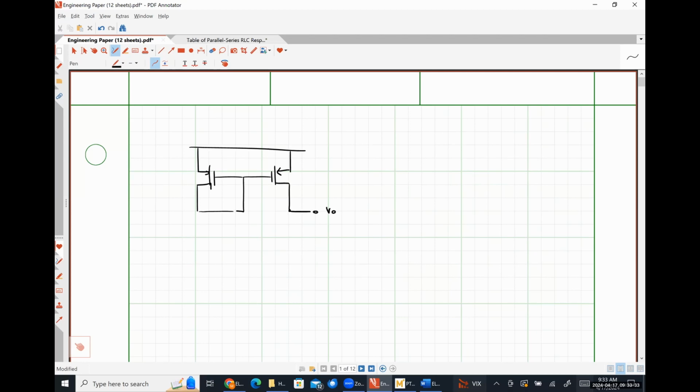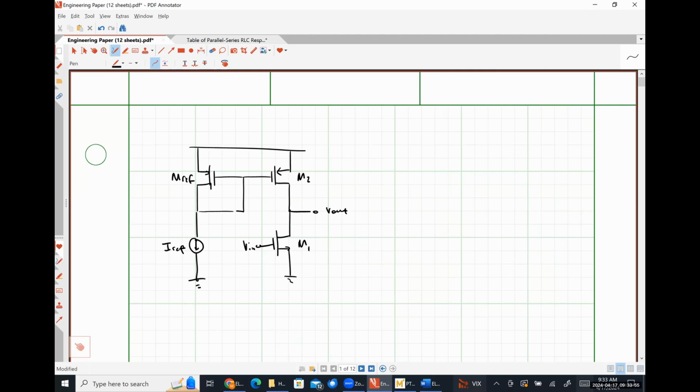And there's our output voltage. So let's call this M1, M2. I think this is MREF. This is IREF.